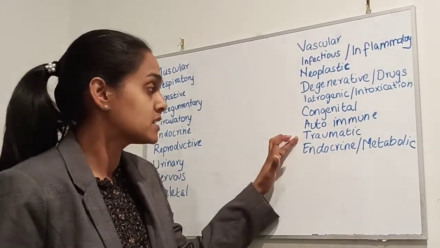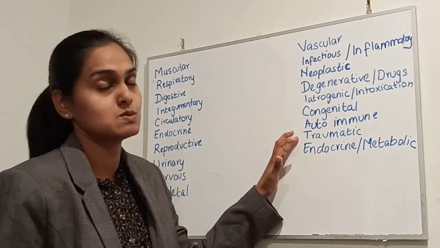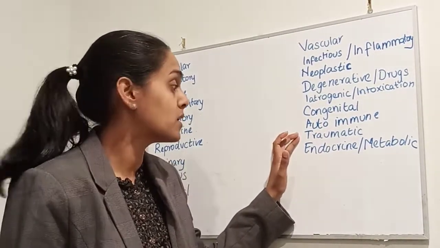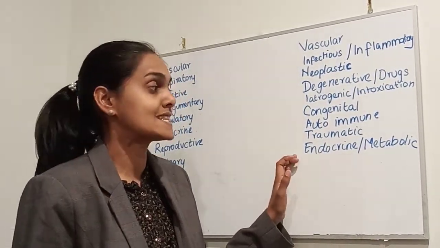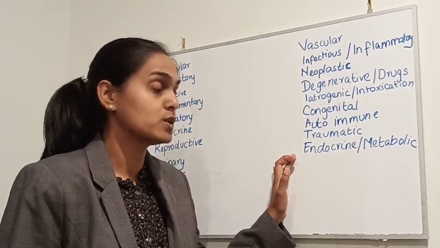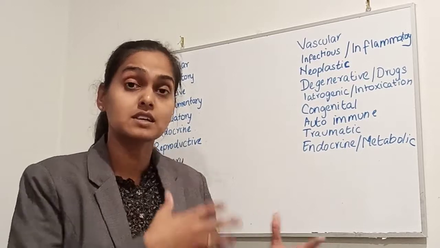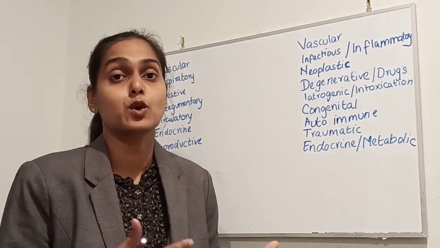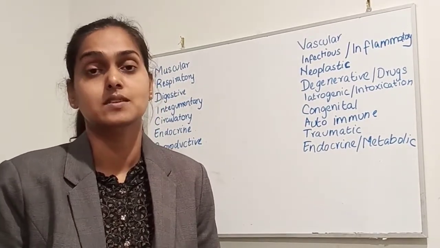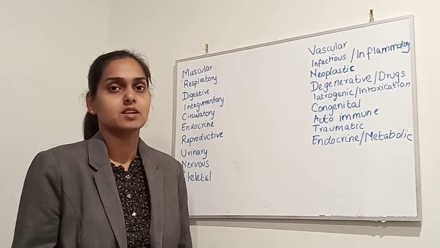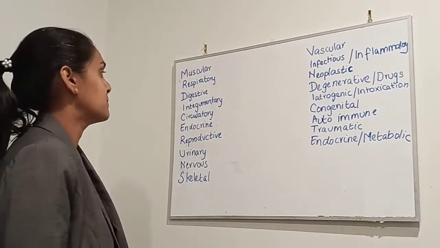T stands for traumatic, in which case patient would have history of trauma. E stands for endocrine/metabolic, which includes endocrine disorders and metabolic disorders that could affect the systems and your electrolyte imbalances as well. Now let's take a look at an example.